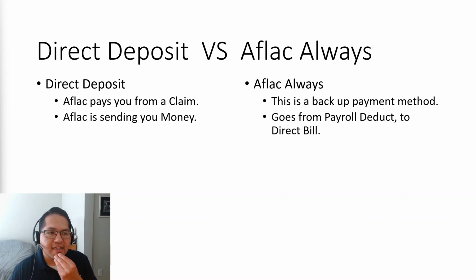So when you decide not to work there anymore, like change jobs or change careers or you retire, you're able to keep these plans at the exact same rate that you had them before, and it's the exact same policy. So having that Aflac Always set up will automatically switch your payment method from your check from your employer over to withdrawing from your checking account.